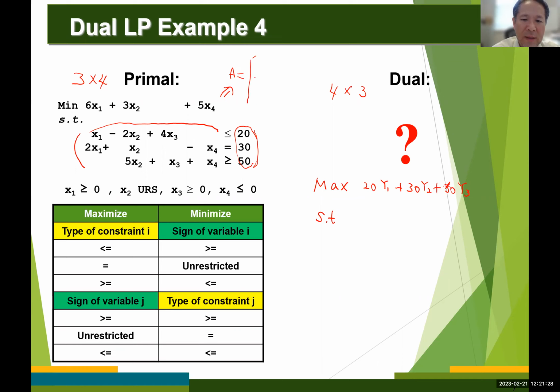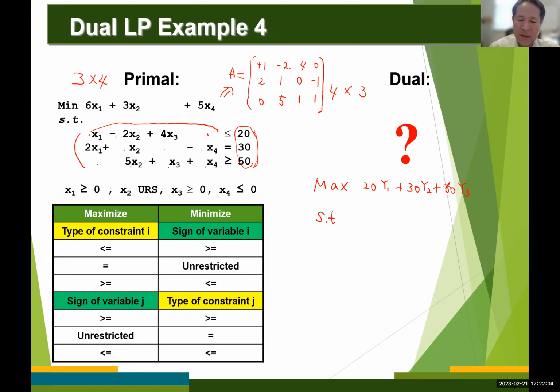Usually we set it equal to A. So matrix A is going to be 1, -2, 4, 0, then 2, 1, 0, -1, and 0, 5, 1, 1, right?